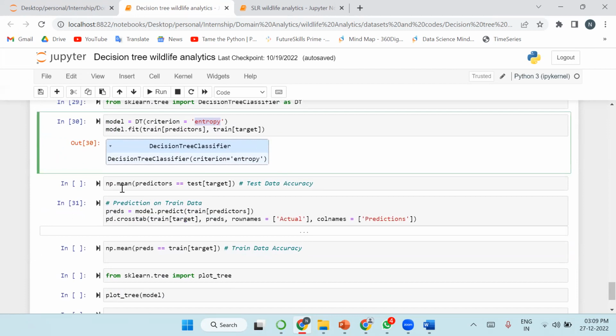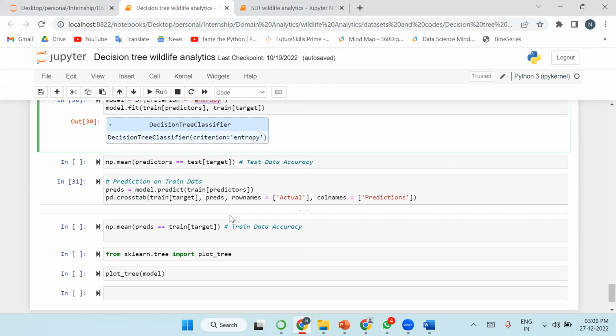And then for the test predictors, we do the prediction on the test data, and check the accuracy. So now the prediction on trained data.